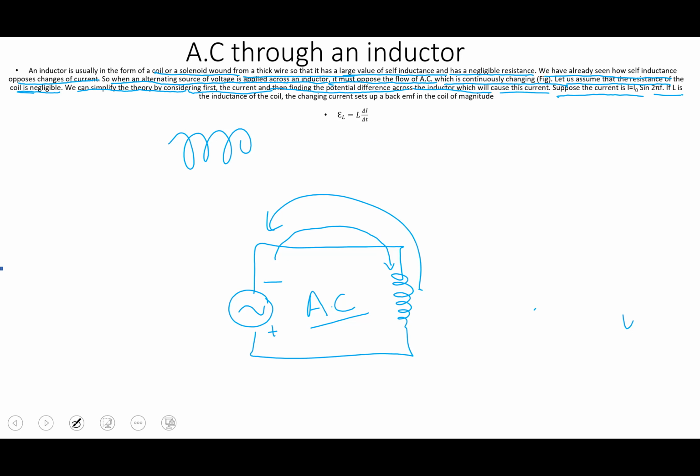If L is the inductance of the coil, the change in the current sets up a back EMF of the coil of magnitude E_L, which is equal to L into delta I divided by delta t. That means more voltage has to be applied by the voltage source so that it changes its direction as we want it to.